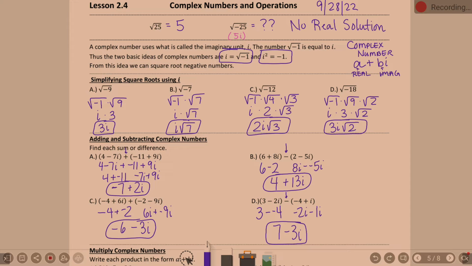Okay, so for those of you who missed yesterday, of course, you'll have to get caught up, and some of you will pick up on it as we go through, but we simplified square roots, negative square roots, which means we basically already separated out -1 that represents as i. We added and subtracted complex numbers. We just added and subtracted like terms. i is not a variable, but you can kind of think of it as a variable.